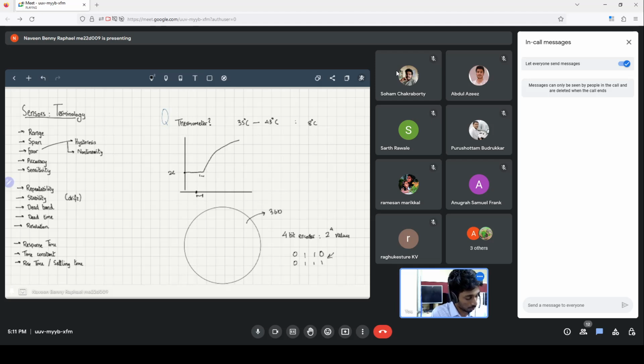For 1 bit of change, we'll require to change the angle by 2 to the power 4, actually I'll make it 2 to the power 3 because it's easier to draw.